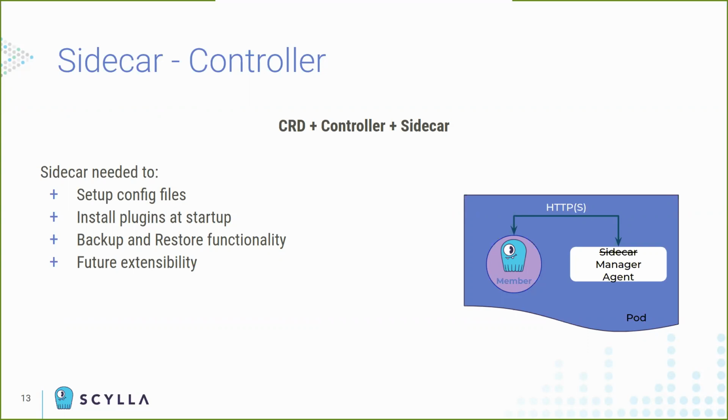Aside from that, we have the Scylla Manager agent, and it is the one, you see these arrows in the right image, the HTTPS transport. This is what it exposes to the rest of the operator and Kubernetes. A REST API that the operator can use to check the status of the partaking members, for example.